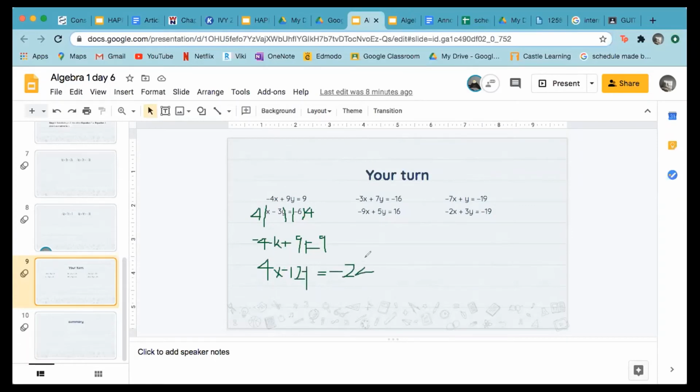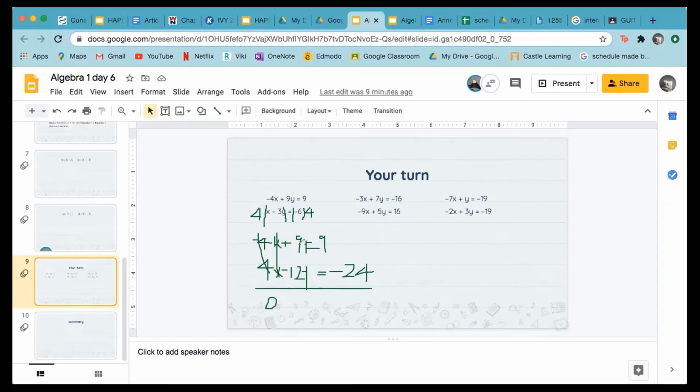Now, negative 4x plus positive 4x cancel out because your x have the same number coefficient, just opposite signs, so that's 0. You can put the 0 here if you want.